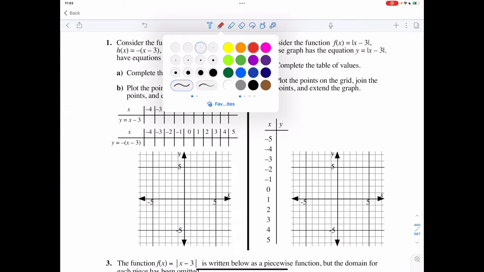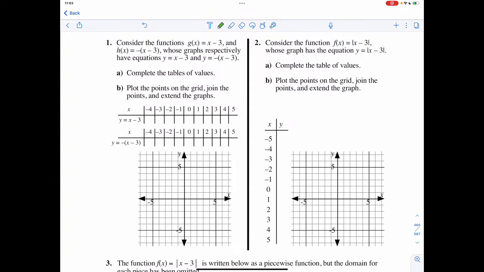Well, we can graph out these points and say if I take negative 4 minus 3, it's going to be negative 7. Negative 3 minus 3 is going to be negative 6. This is going to be negative 5, negative 4, negative 3, negative 2, negative 1, 0, 1, and 2.